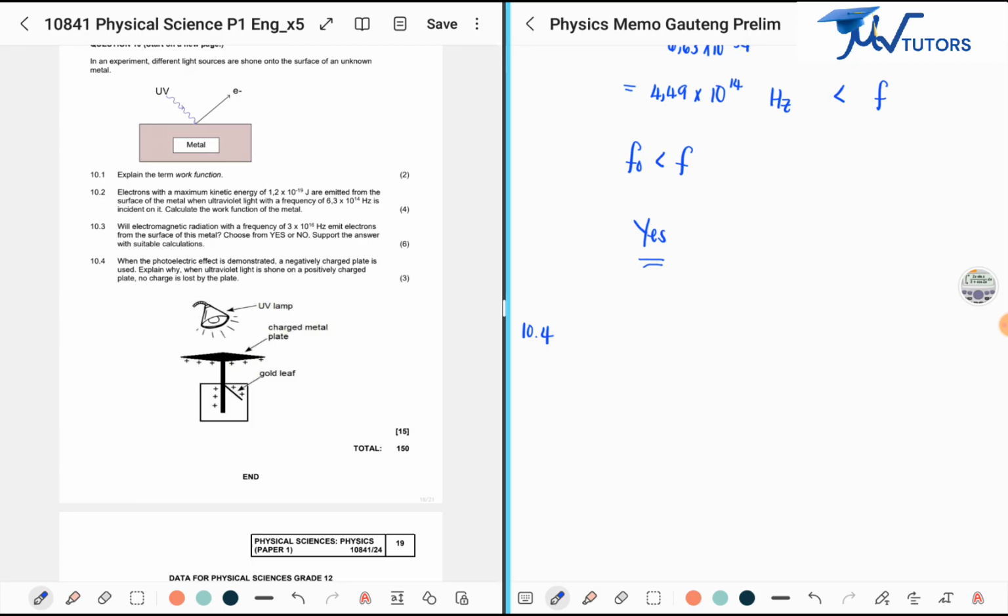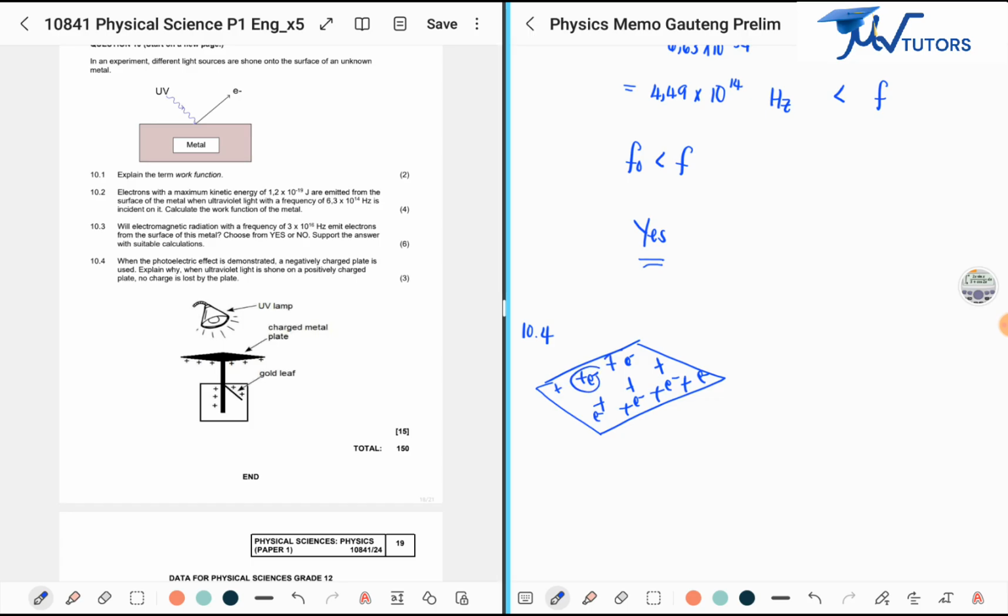So here, if this metal plate is positively charged, and you have these electrons which are negatively charged, do you think these electrons are going to want to leave?